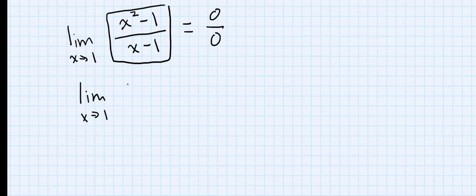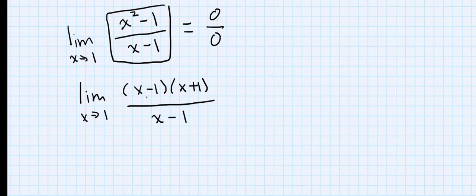When you factor x squared minus 1, you get x minus 1 times x plus 1 all over x minus 1. Then you're able to cancel out x minus 1. And then you plug in 1, you get 2.